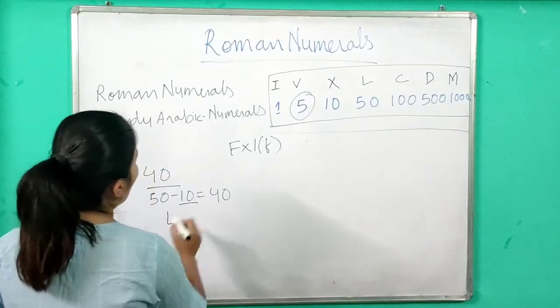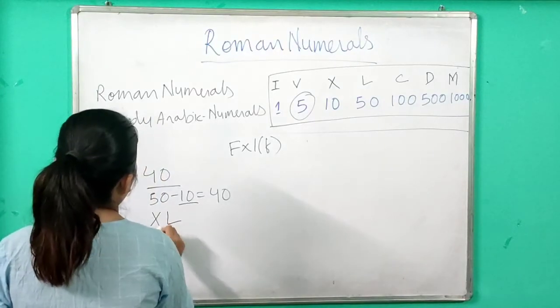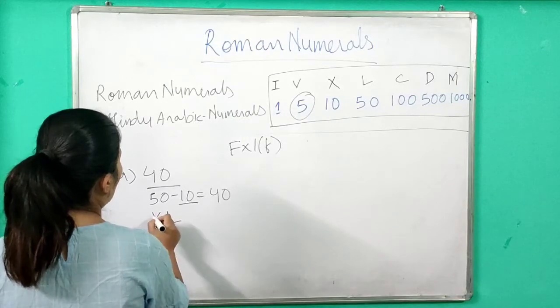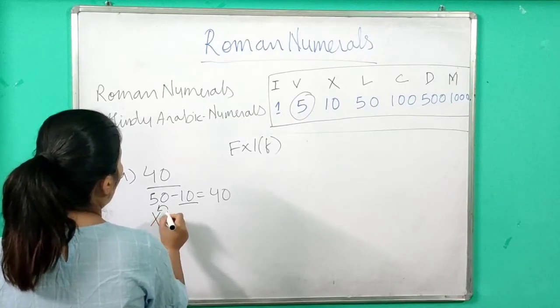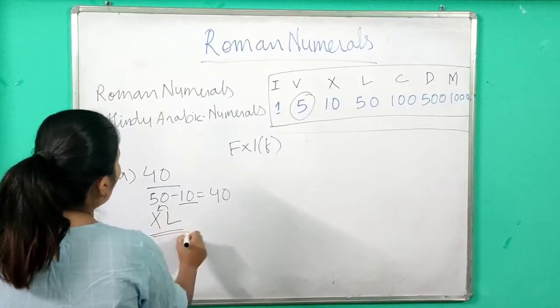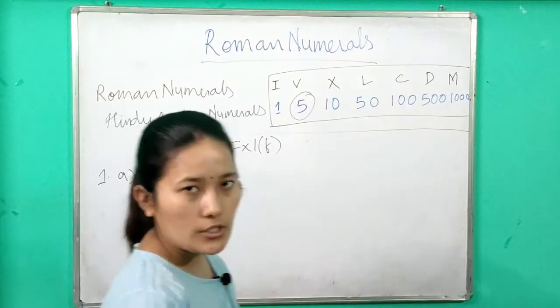So 10 means X, so this would be your 40, because L is 50 minus X. If a smaller value comes before the greater value, then it is subtracted. That's why this would be your answer for 40.